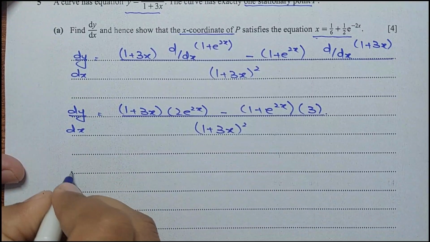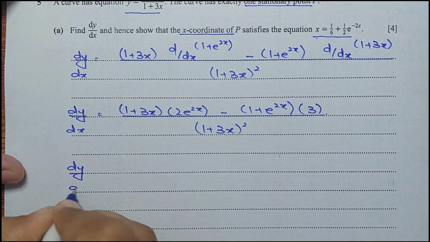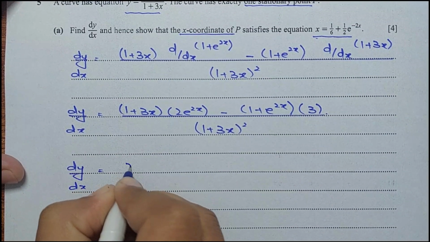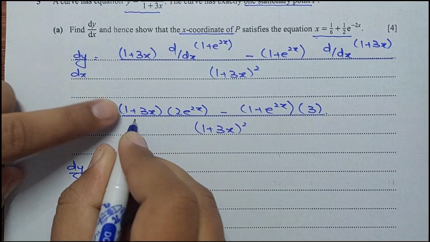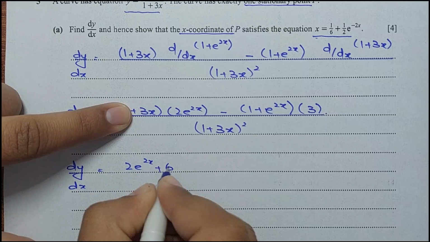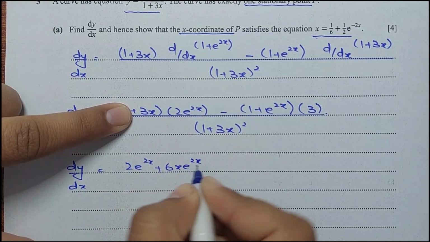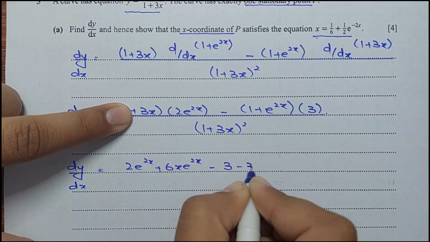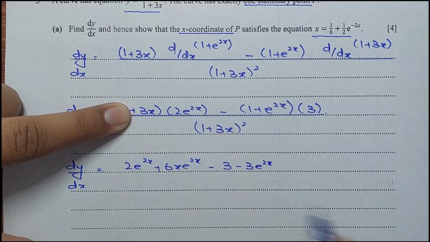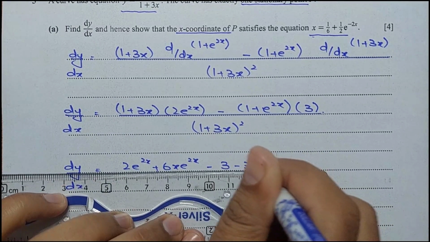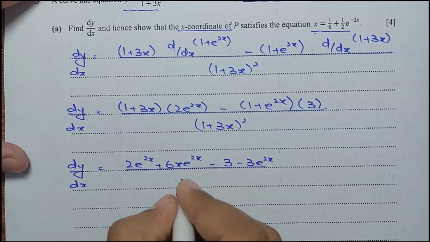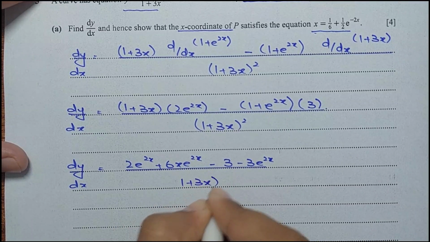Okay, let me simplify it further. dy over dx is 2 e to the power 2x multiplied by 1 and multiplied by 3. 3 times 2 would be 6x e to the power 2x, minus 3 e to the power 2x, divided by 1 plus 3x whole square.